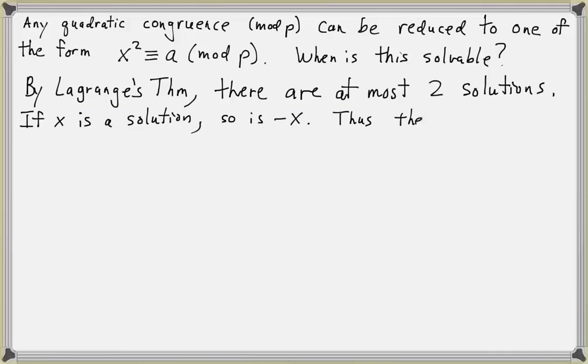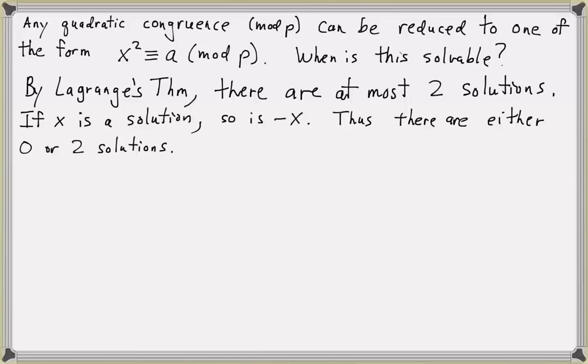Thus, there are either 0 solutions or 2 solutions. So we're going to be concerned with this type of congruence and when it's solvable to a great deal.